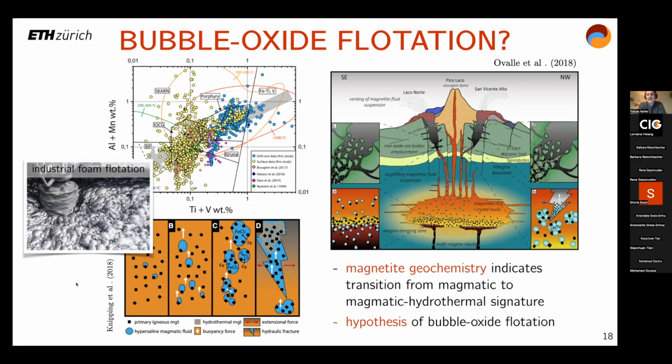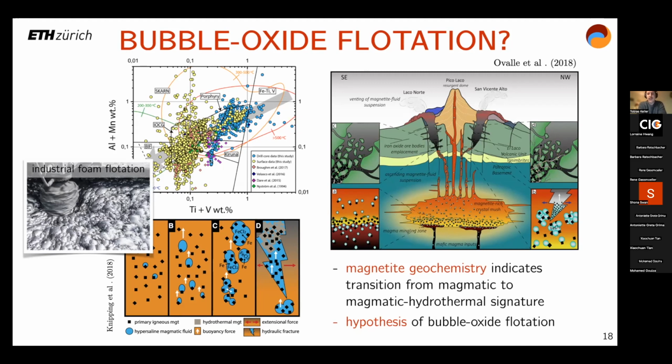So the idea is that one study here by Jose Tomas Ovalle collected a lot of geochemical indicators of magnetites. So this is sort of a discrimination diagram with different trace elements in the magnetites. And they identified what they think or interpret to be a general trend of magmatic magnetites overprinted later by hydrothermal magnetites.